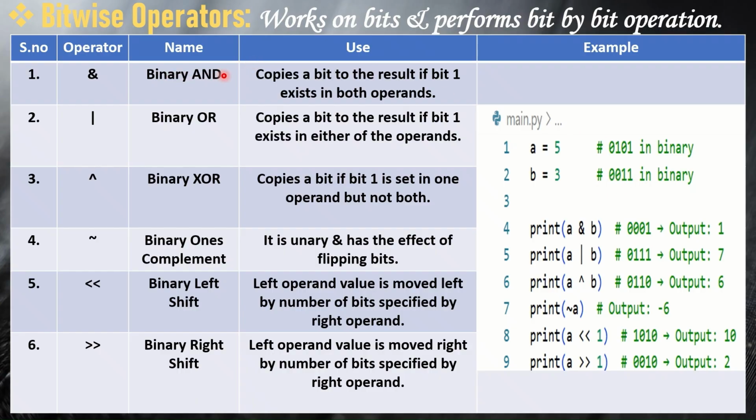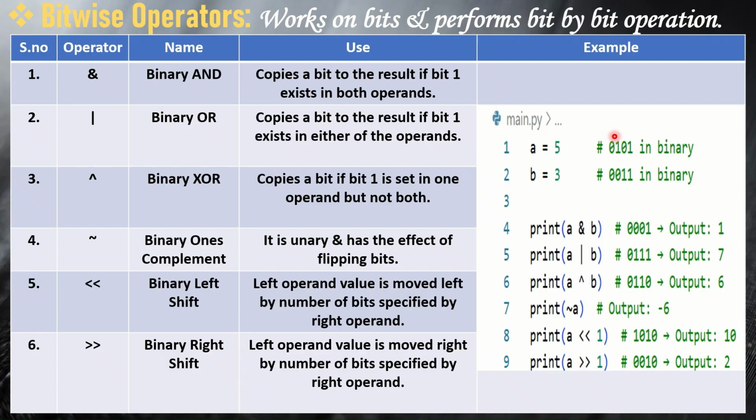So the binary AND operator only copies a bit to the result if the bit 1 exists in both the operands. If I do the binary AND operation on these two variables, the bit 1 is present in both operands at the last digit's place, so in the result the value will be 1. If I compare the digits 0 and 1, the bit 1 is present in only one operand, so the result will be 0.